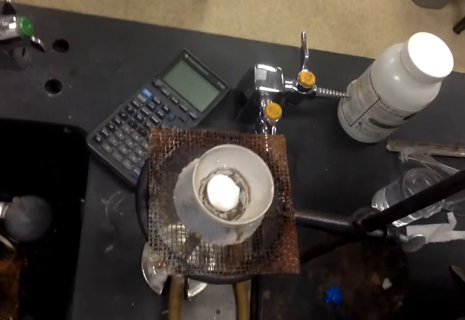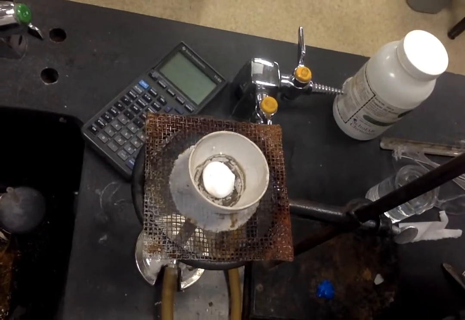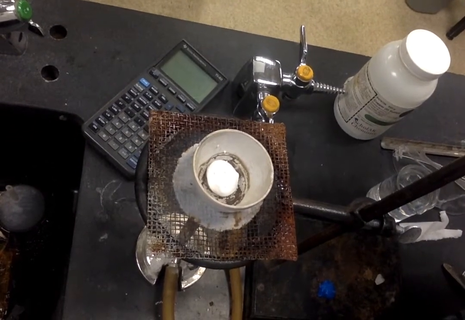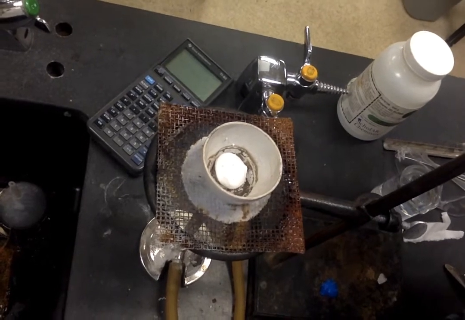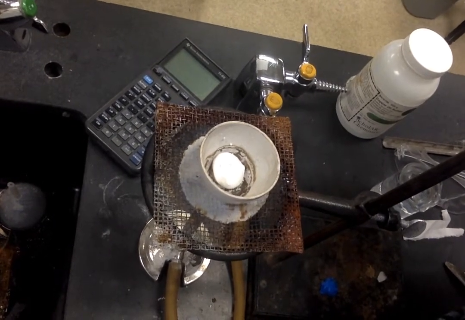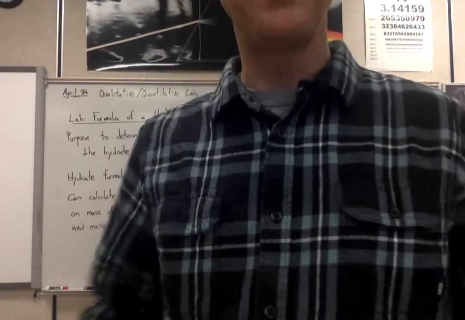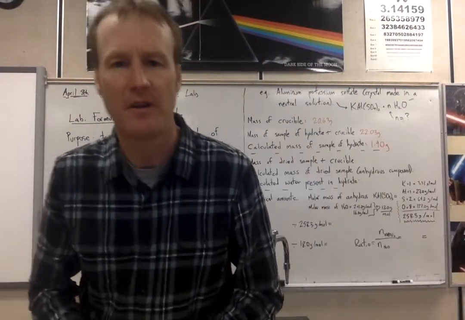What I saw, when I did this earlier, is we started out with this pretty little crystal. I put it into the crucible, heated it up to several hundred degrees. The crystals break up. Water locked up in the crystals starts to boil.